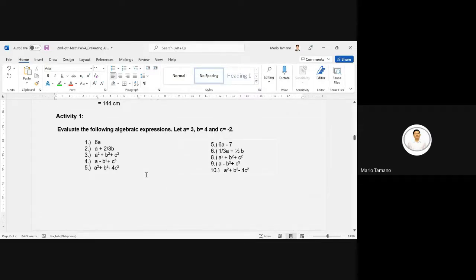Ulitin natin. Pag sinabi natin 2/3 of 4, imumultiply po. Ano pong minumultiply? Yung 2 at saka yung 4. So 2 times 4 is 8. Tapos kopyahin nyo lang yung denominator na 3. So 8/3. Yung 8/3 yan po yung ipa-plus ninyo dun sa A. Kapag pinalitan ninyo yung A ng 3, 3 plus 8/3.